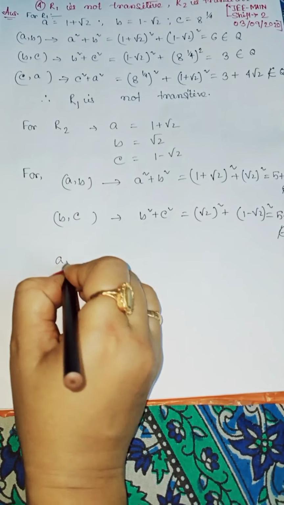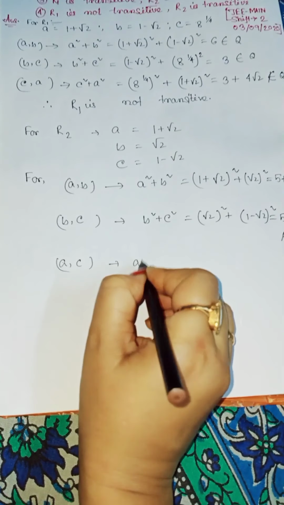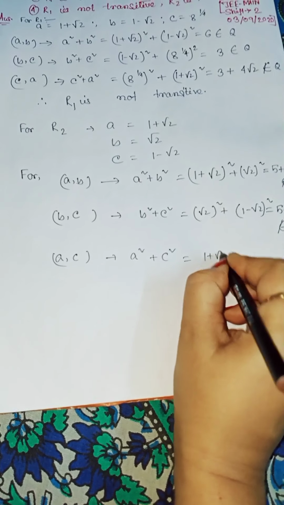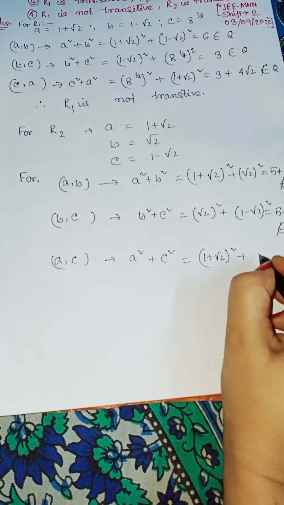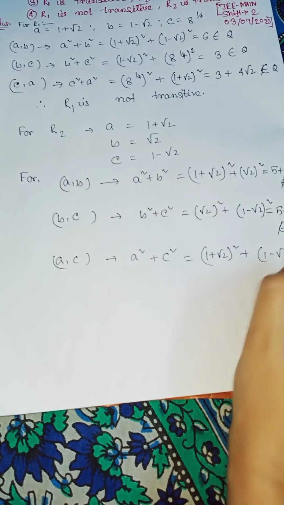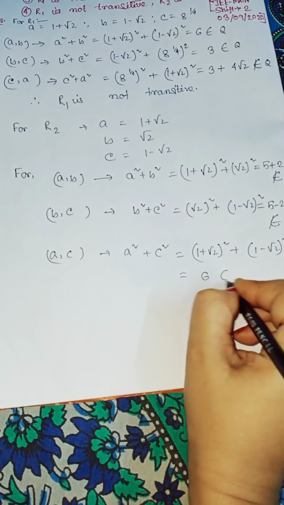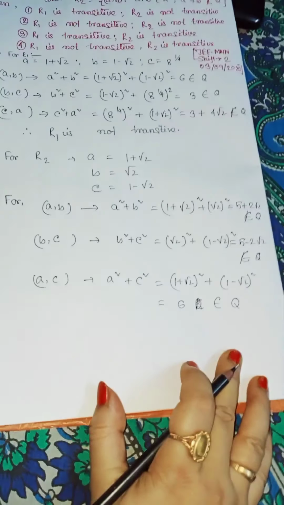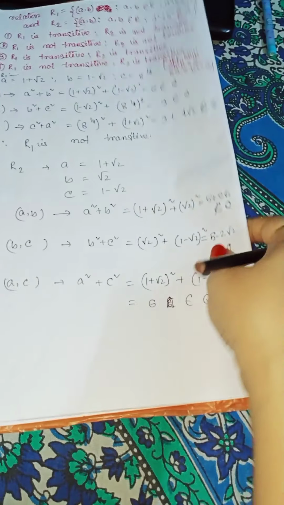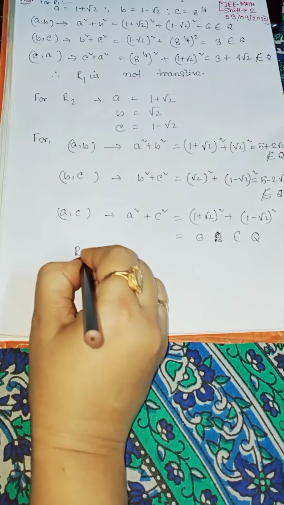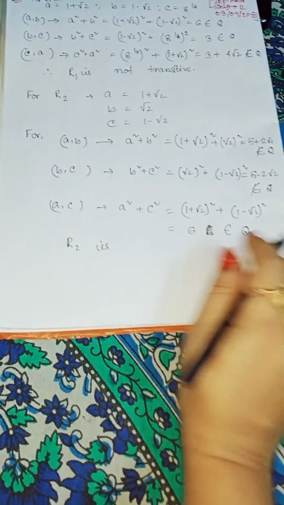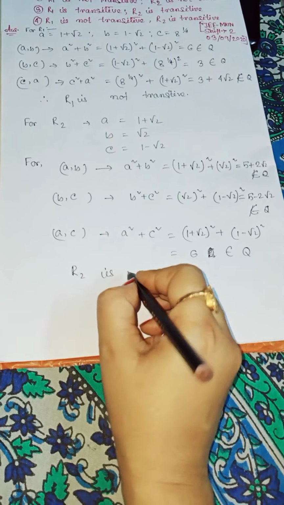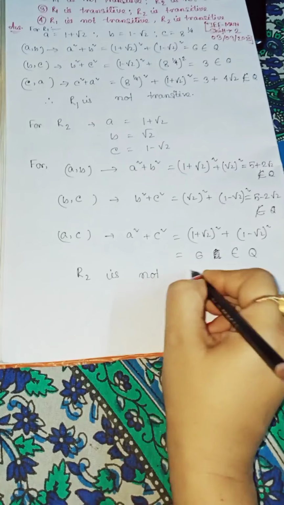And (a, c) is a square plus c square, where a square is (1 plus root 2) whole square and c square is (1 minus root 2) whole square, that is equal to 6, and it belongs to Q. So it is a rational number. So here we say R2 is not transitive, because 2 is not a rational number and 1 is a rational number. So R2 is not transitive.